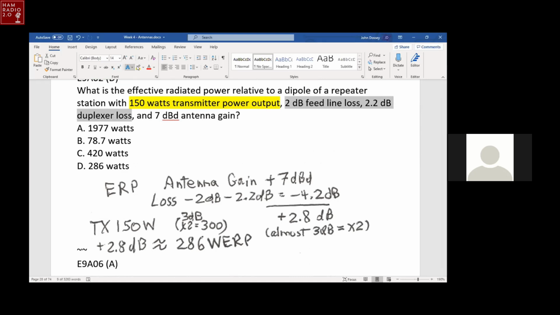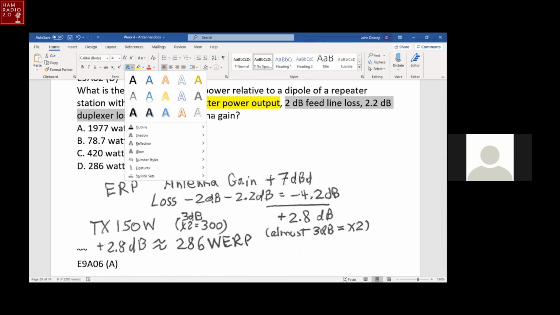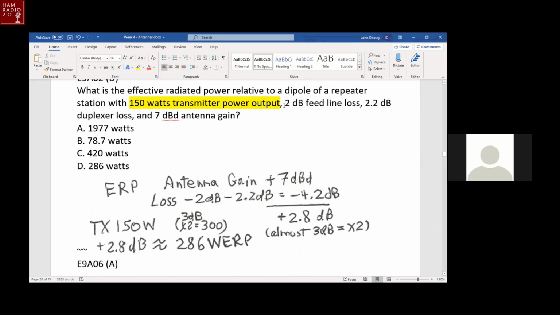Those are the losses. And the antenna gain, no, what did I do? I did something wrong. The antenna gain is 7 dB relative to a dipole. See, they give you the antenna gain relative to a dipole. So it wants to know what's the effective radiated power relative to a dipole with these parameters.